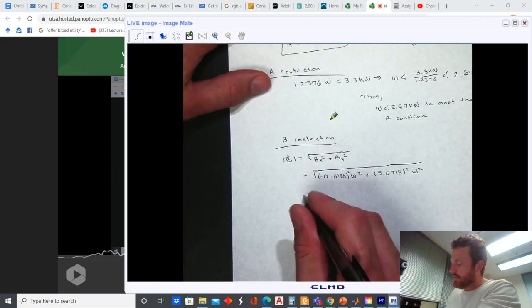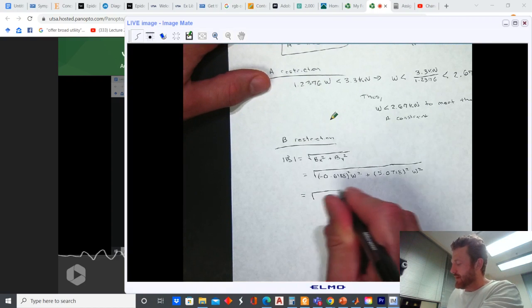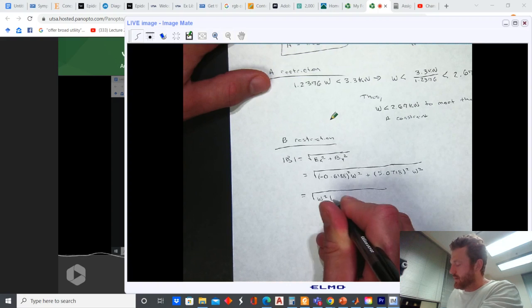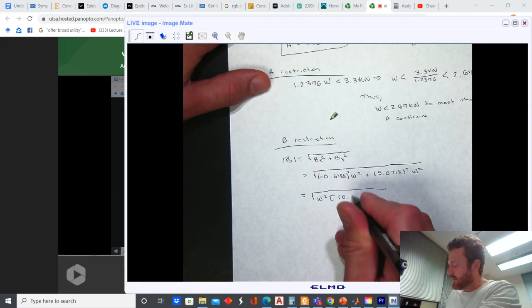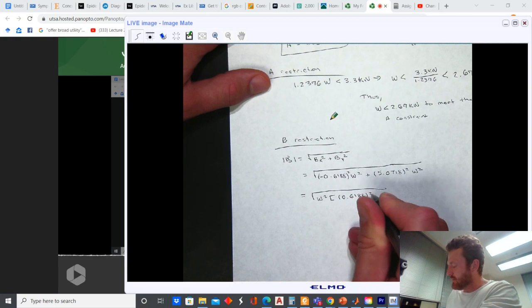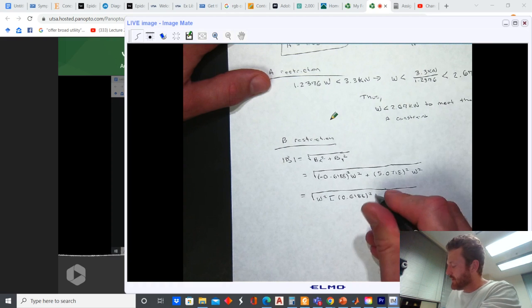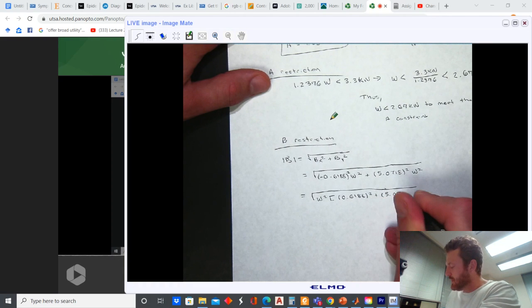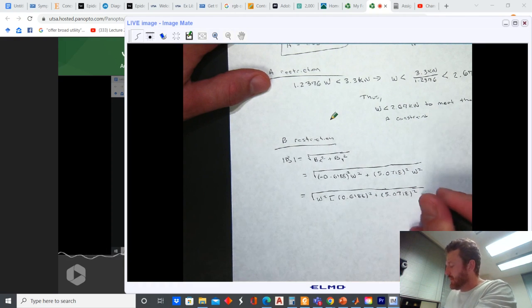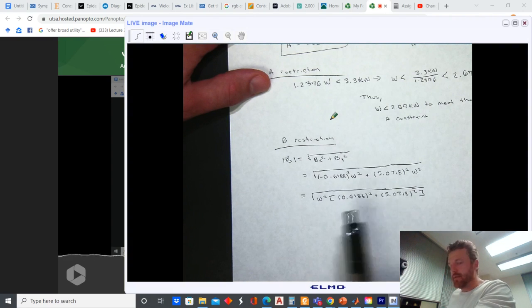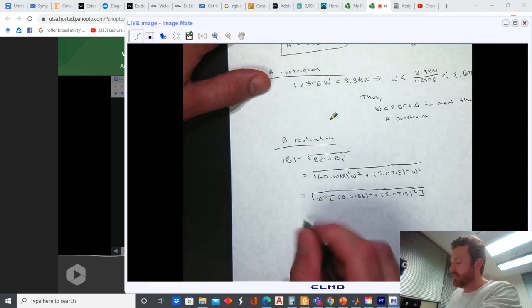So you could factor this out. What happens is you factor the W squared out underneath the square root, and I'm just going to ignore that this is negative for the time being, since when I square it, I'm going to get a positive anyways. Okay, and remember, when you have a product under the square root, if you have a perfect square, you can pull it out.